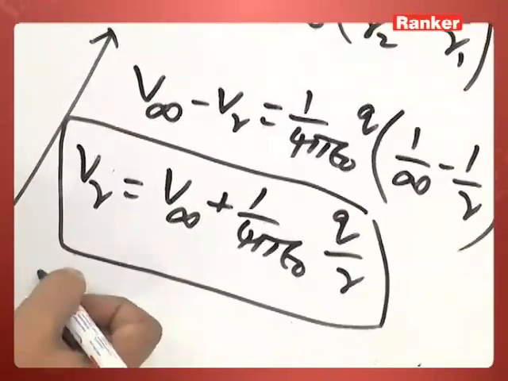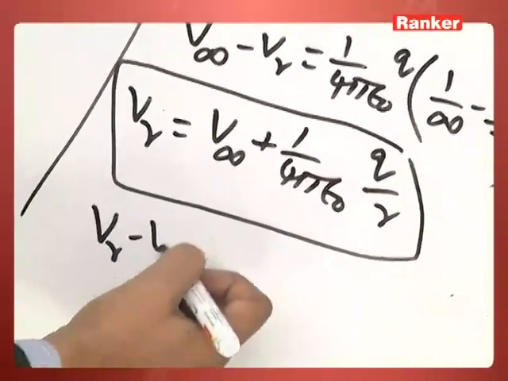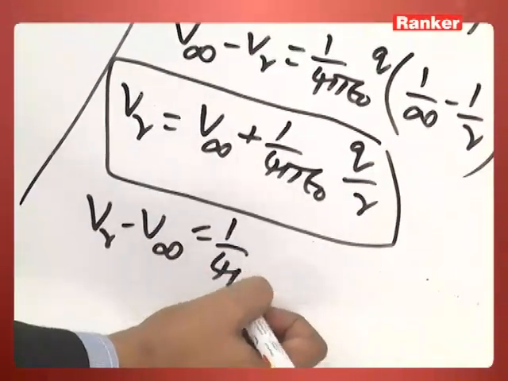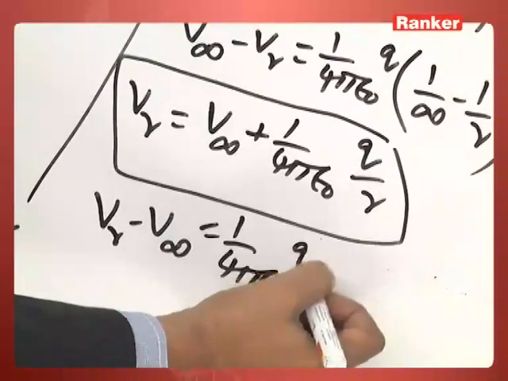Normally we represent potential with respect to infinity, so 1 by 4 pi epsilon naught Q by R.